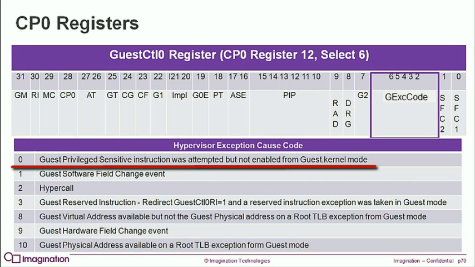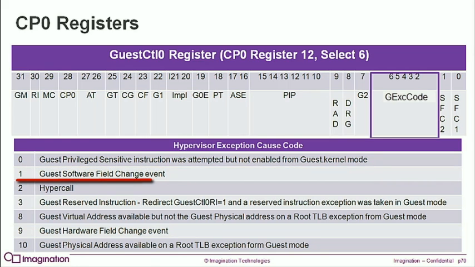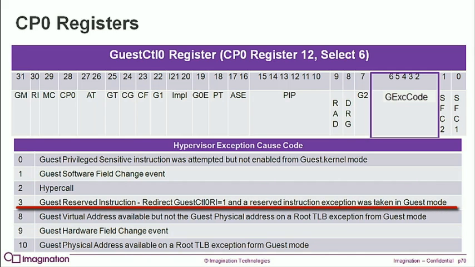This happens when the execution of a guest privilege sensitive instruction was attempted from guest kernel mode, but the instruction was not enabled for the guest kernel mode. 1 indicates a guest software field change event has happened. 2 indicates a hypercall instruction was executed by the guest. 3 indicates that a guest is getting a reserved instruction exception and the guest control RI bit is set, causing the exception to be redirected to the root context.